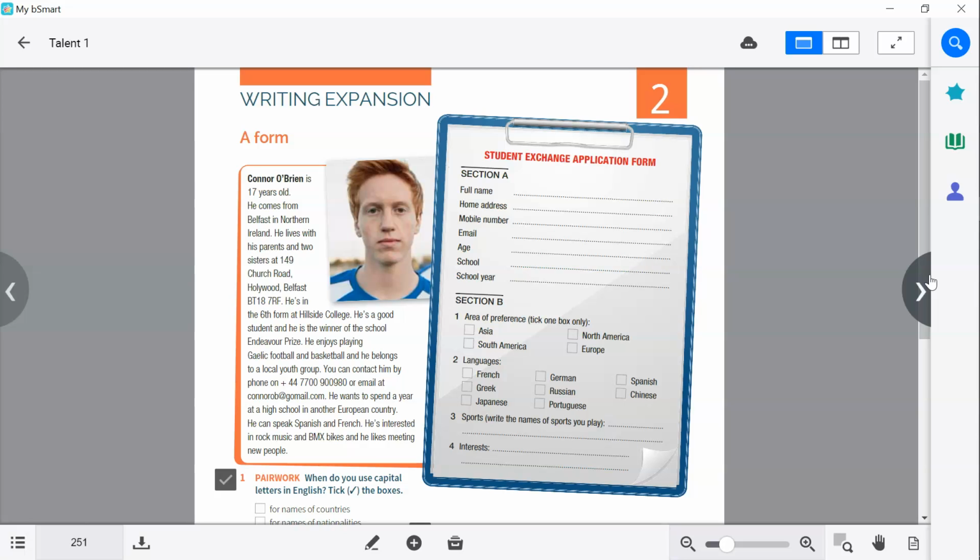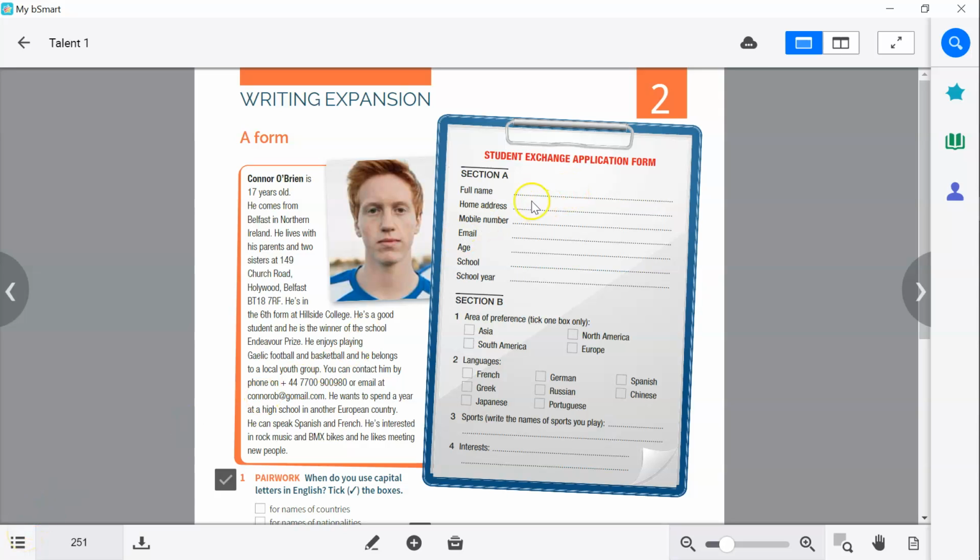What is a form? You see that here is the name, Student Exchange Application Form. Okay, application form means scheda di iscrizione.